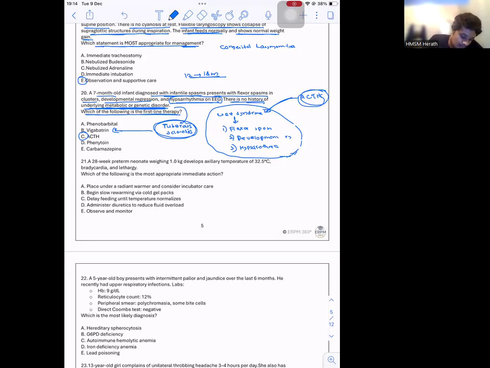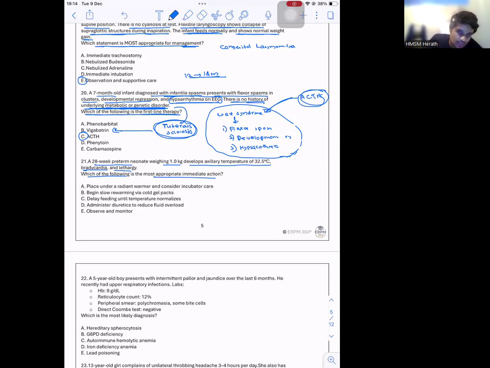Next one, a 28-week preterm neonate weighing 1 kilogram develops a temperature of 32.5, bradycardia, and lethargy. Which of the following is the most appropriate immediate action? The last paper also had certain questions on hypothermia, so it's better if you study this properly.